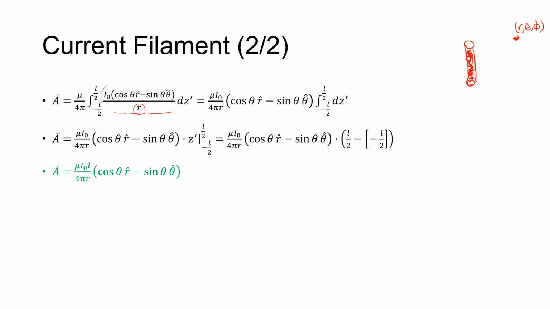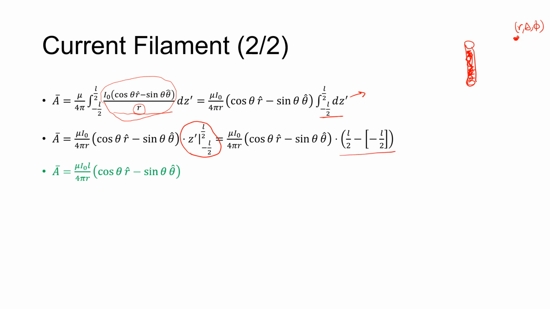So all of these items will come out of the integration, and we will be left with a simple integration from minus L over 2 to L over 2 of dz dash, which is z dash from minus L over 2 to L over 2.